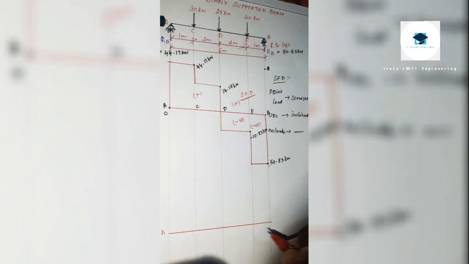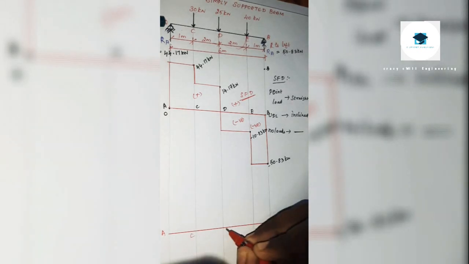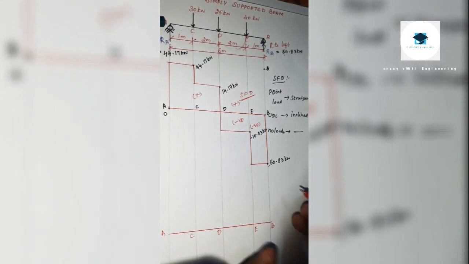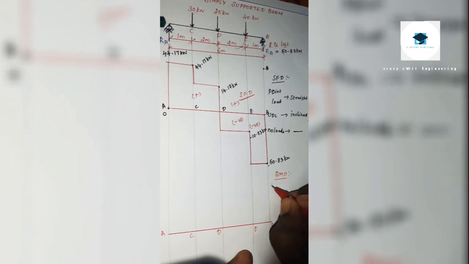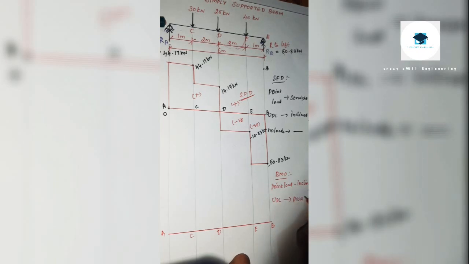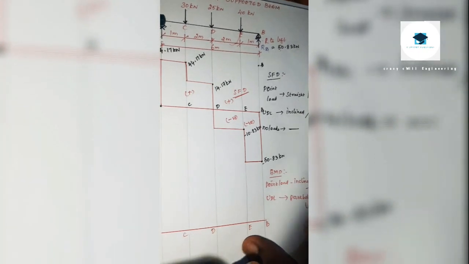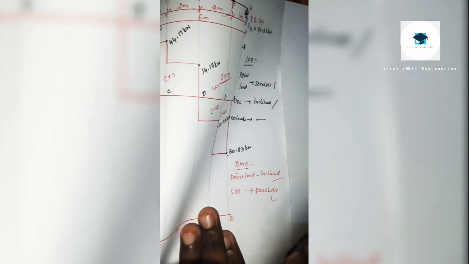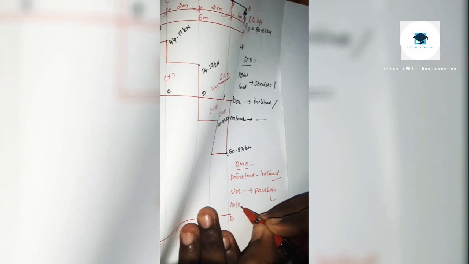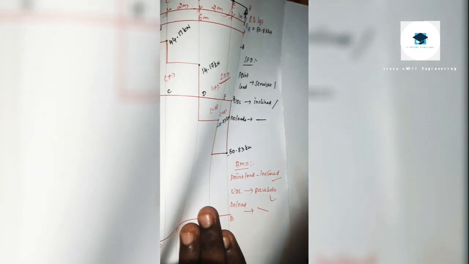Mark A, B, C, D and E. Here for the bending moment diagram, for a point load the line becomes inclined. For UDL, the line becomes parabolic. For no load, the line becomes inclined.